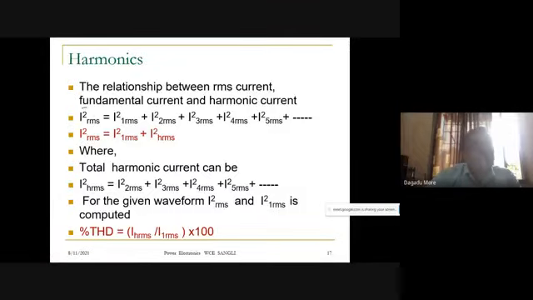So this is our RMS current, the total RMS current, as written here.